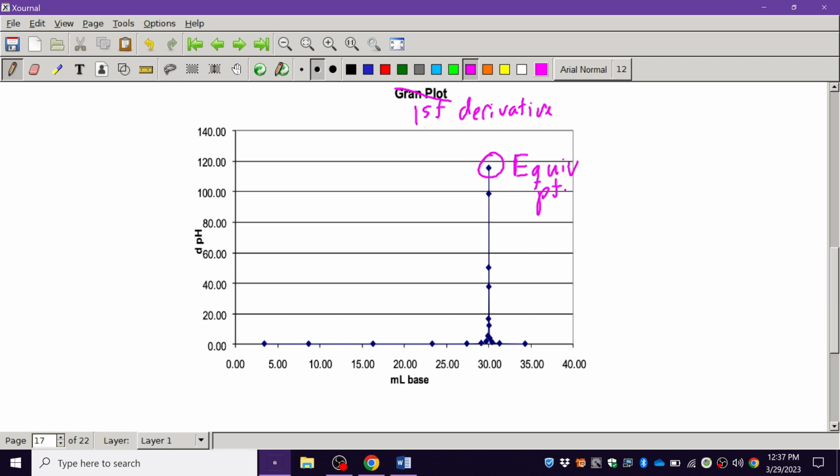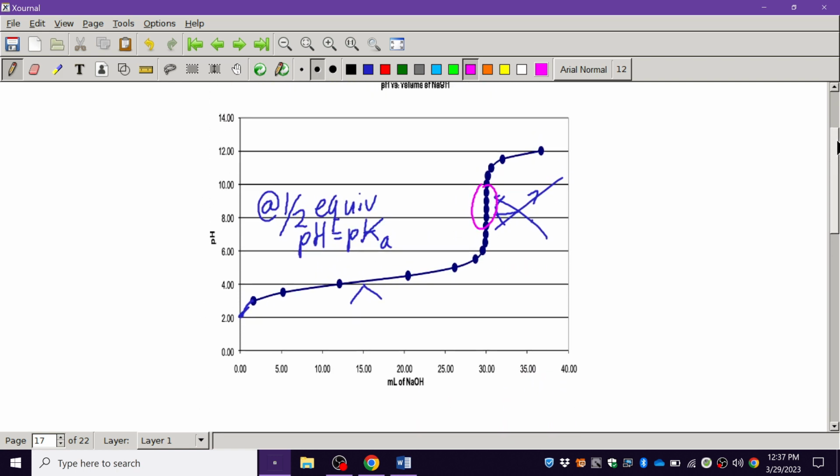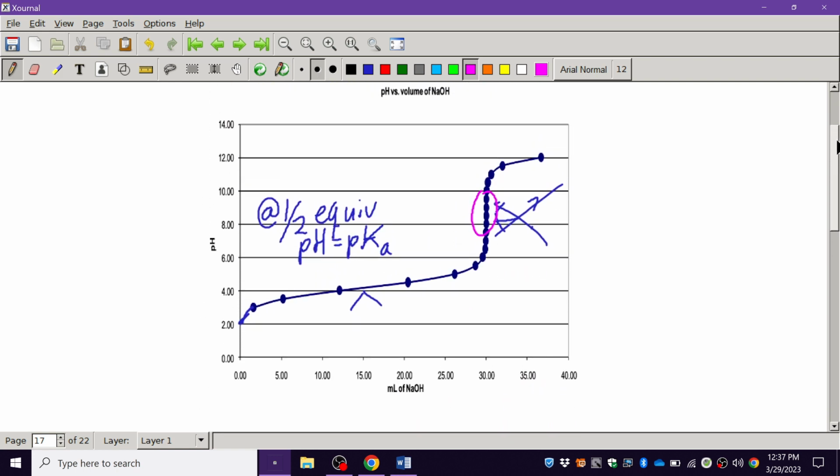So if we go back to this curve, let's talk about this a little bit. Again, it involves calculus. But her argument was very simple and very effective. At the equivalence point, another thing that occurs is the direction of curvature of this titration curve changes.